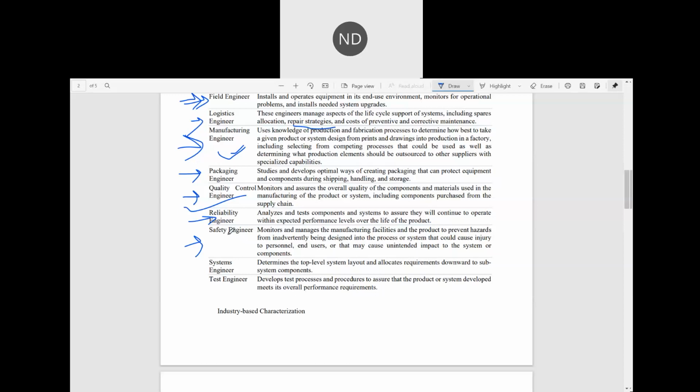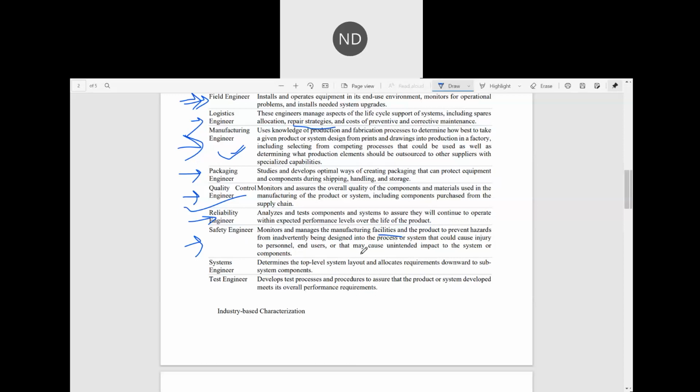Okay, so the safety engineer, his main function is what? The main function of the safety engineer is to monitor, and he'll be helping in providing those facilities such that sometimes what may happen, there may be some accidents unintentionally taking place in your construction site.